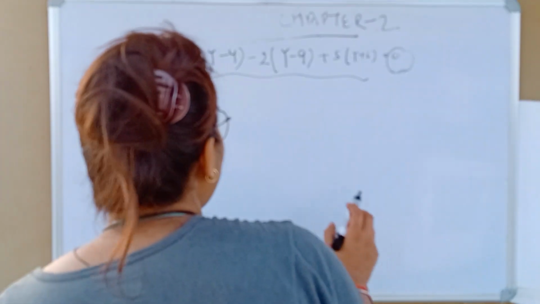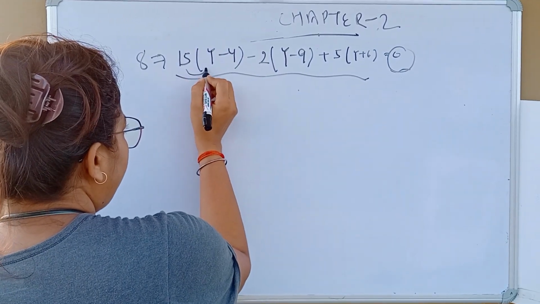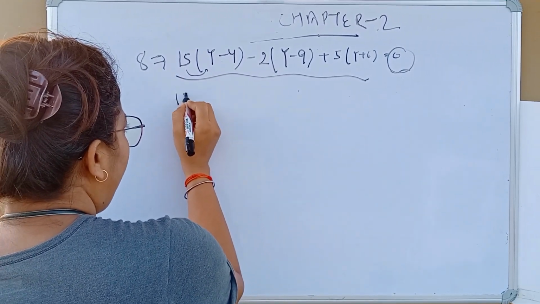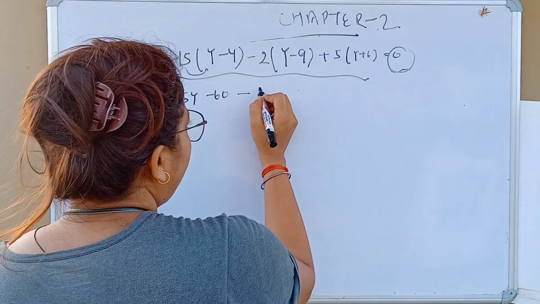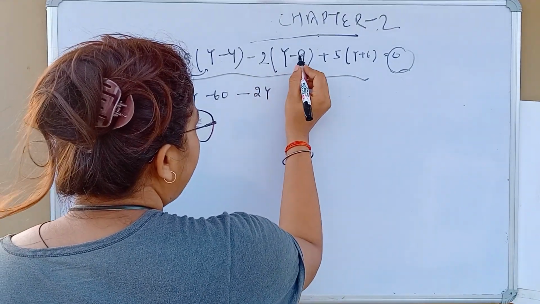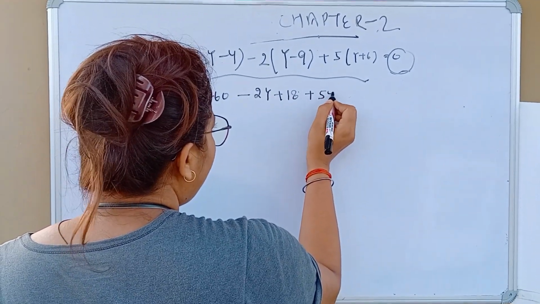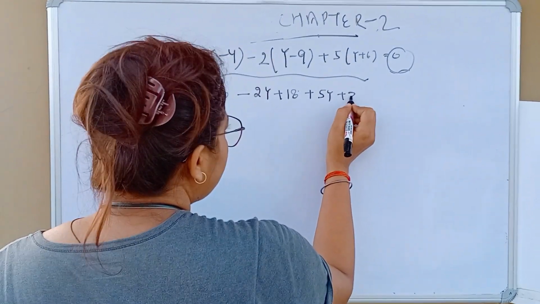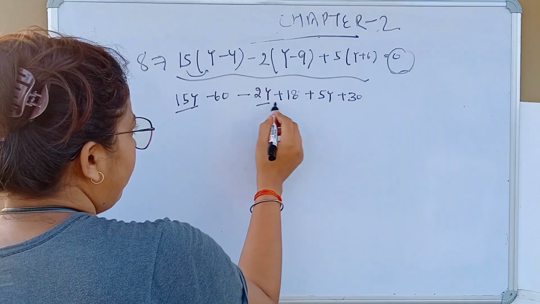Okay. So first what we do: find the value of y. So now solve the equation. Multiply 15 in both. So 15y minus 60, minus 2y minus minus plus plus 18, plus 5y plus 30. Take the variable portion on one side.